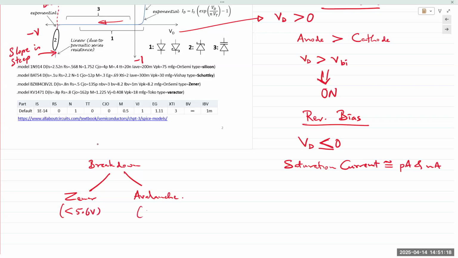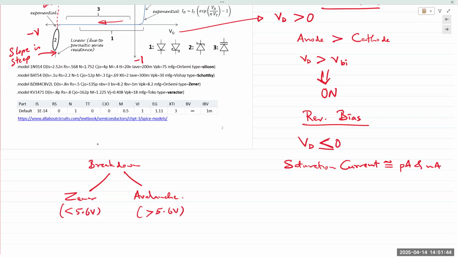An avalanche breakdown occurs with voltages applied in excess of 5.6 volts. But in general, it has become convention to refer to all reverse operation as Zener diodes. So if you have a Zener diode, it could be working in Zener mode or it could be in avalanche mode.